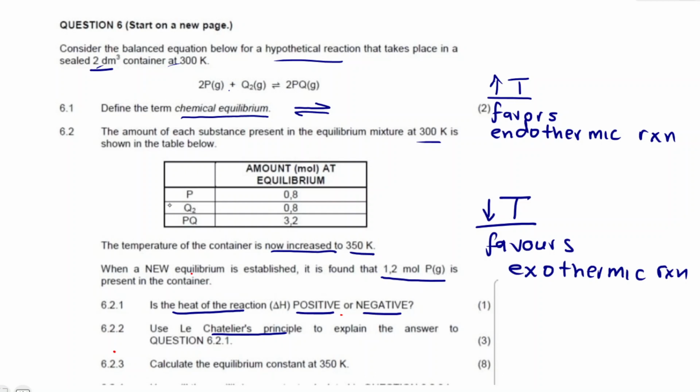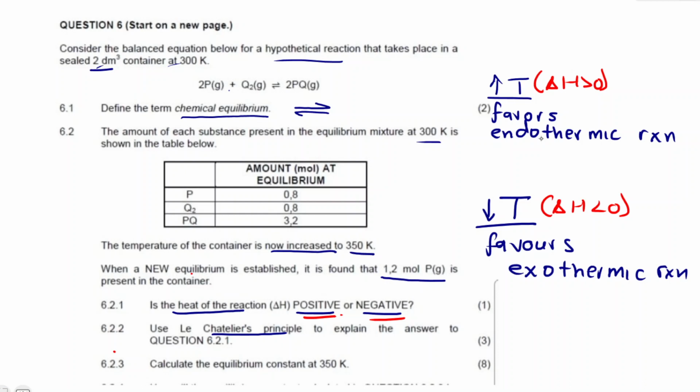So we need to know now which side is endothermic and which side is exothermic. The question was saying, is the heat of the reaction positive or negative? In other words, is this reaction endothermic or exothermic? So we need to check now which side was favored, which side was increasing. Are the reactants increasing or the products increasing? Then we will know. Now let's read the statement again.